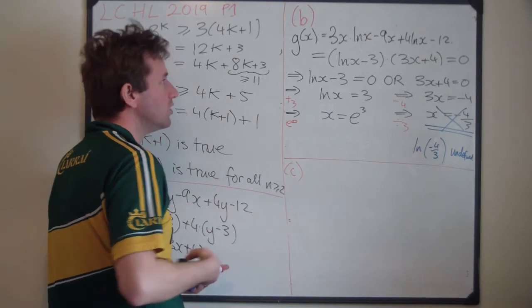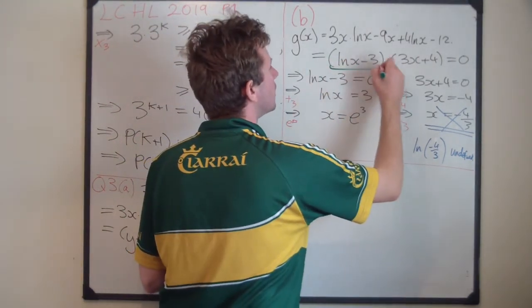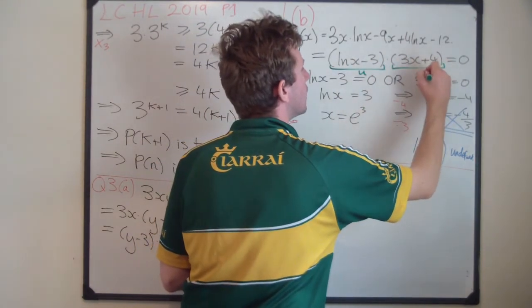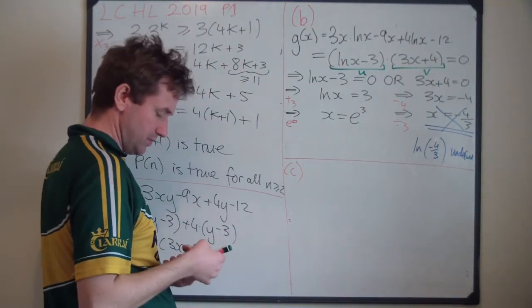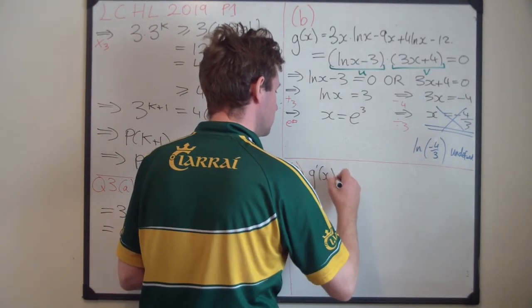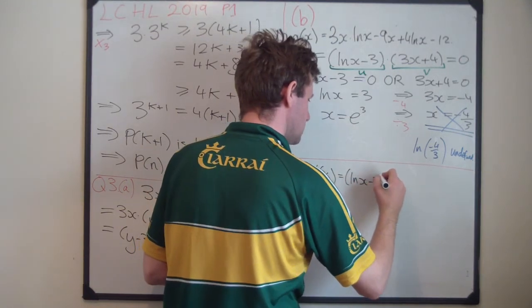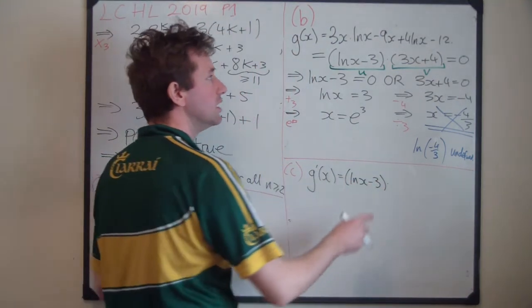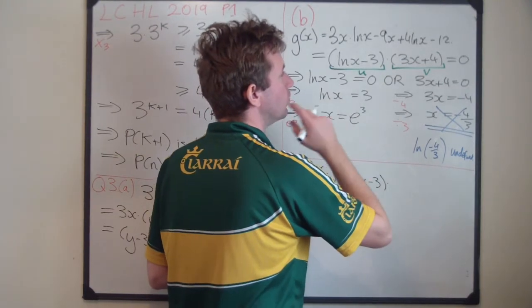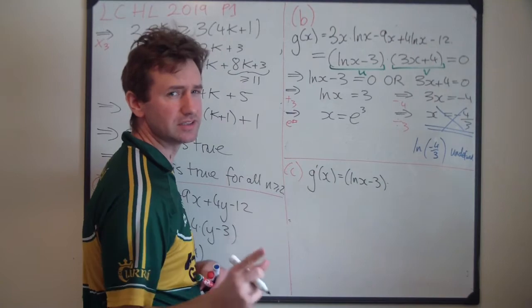So off we go. Because this is two things multiplied together, we need the product rule. So we get g dashed of x equal to the first thing, which is log of x minus 3, times the derivative of the second thing. When you're differentiating a sum, I recommend you do it term by term, fixing constants.